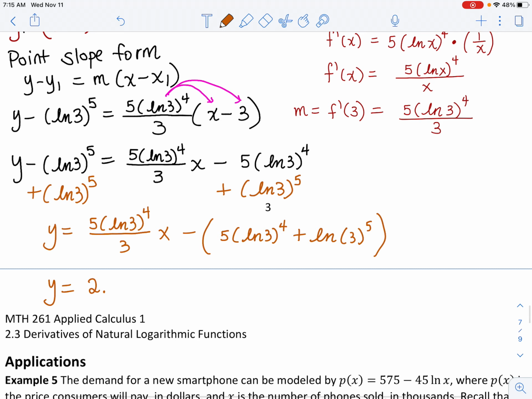Okay, so I got 2.427, so I'll round that up to 2.43. So that's what it is. And you know what? I think I drew the parentheses around here, but let me go ahead and get rid of this parenthesis. Oh, not the whole thing. And what I'm about to type in is all that. Okay, I'm about to type in all that because that is the y-intercept. This is the y-intercept.